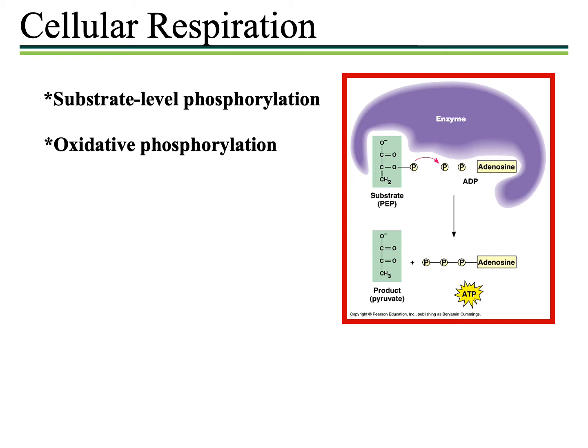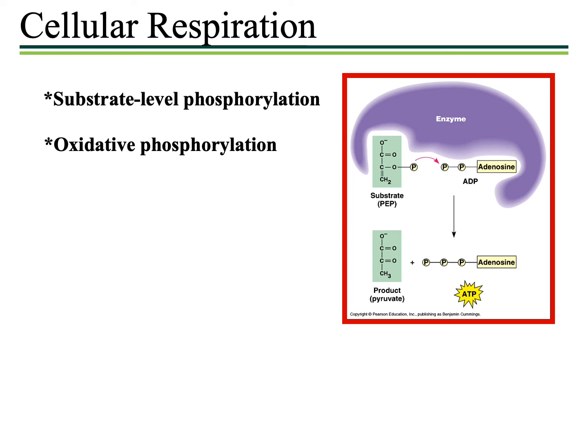The second way that ATP is synthesized during cellular respiration occurs specifically within the electron transport chain and is known as oxidative phosphorylation. It is a mechanism that allows for the production of ATP using energy from redox reactions.